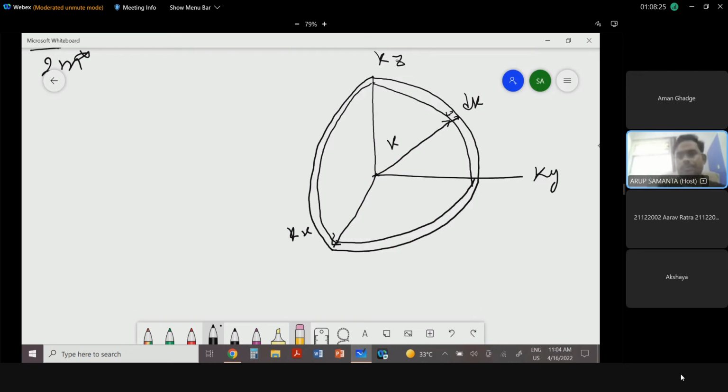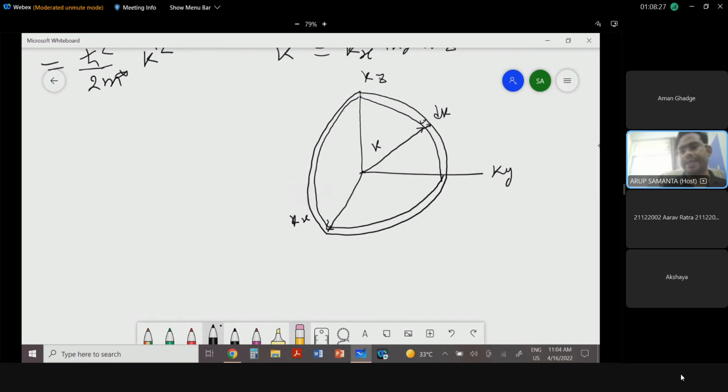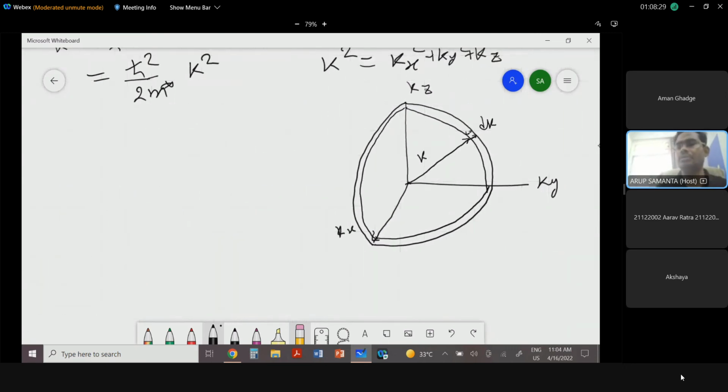So this is the football. Now I want to calculate how many k states are in this dk region, in the shell of this dk thickness in the three-dimensional football structure. How many k states are there is defined by dk, the number of states present per unit dk. How to calculate this one?